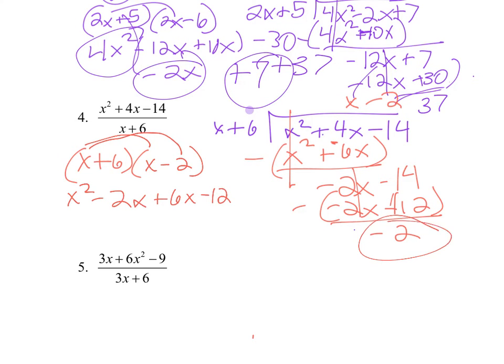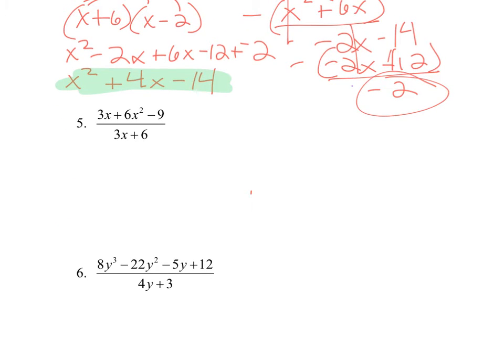Don't forget you have to add in the negative 2. So this is going to be x squared plus 4x minus 14. And sure enough, that is indeed what our answer should be. Okay.